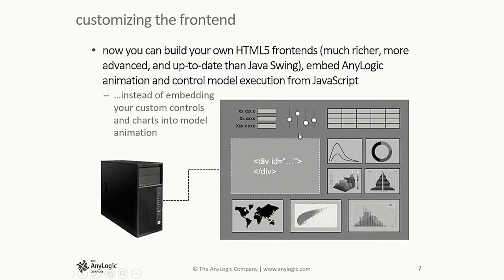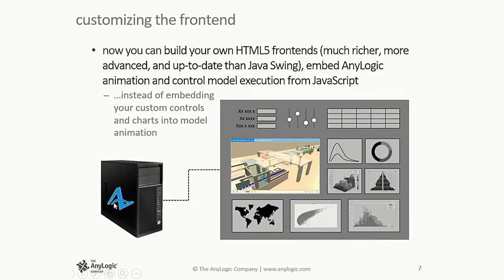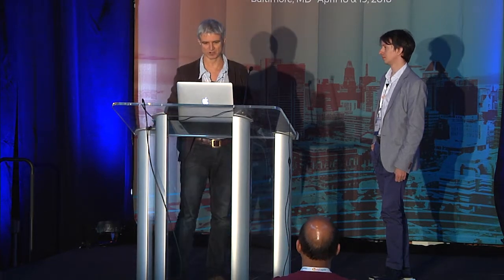In your HTML, you will have a certain HTML element with a certain ID, and you will give that ID to our JavaScript library, and then when the model runs on the server, in that placeholder you will see the model animation. So this is the new architecture we suggest for customizing your front ends.